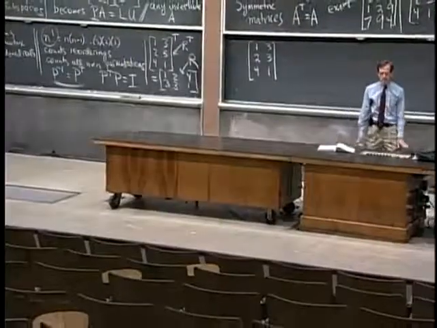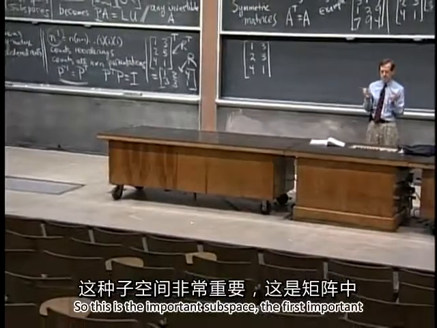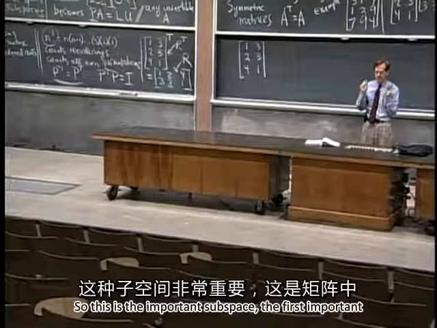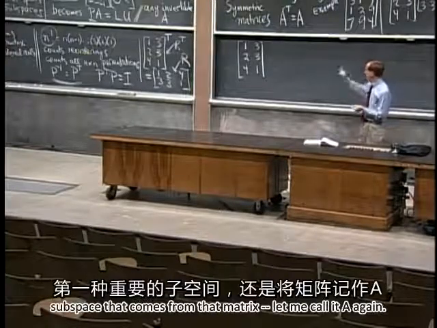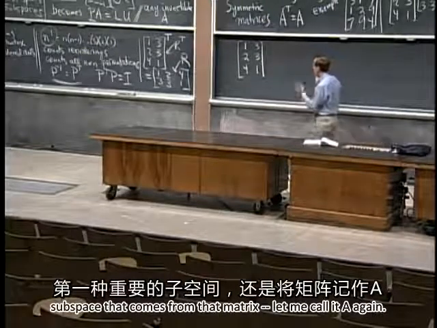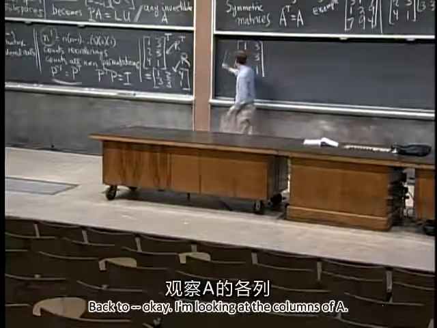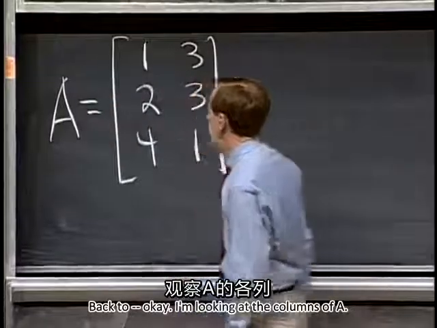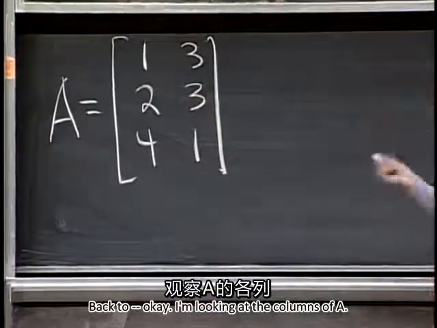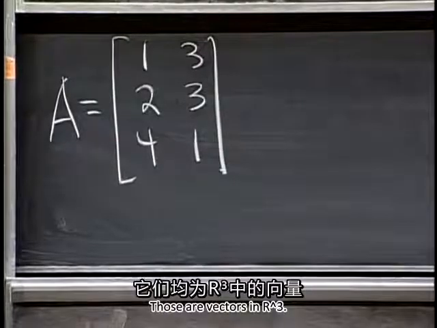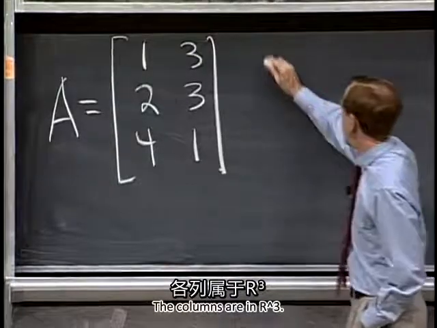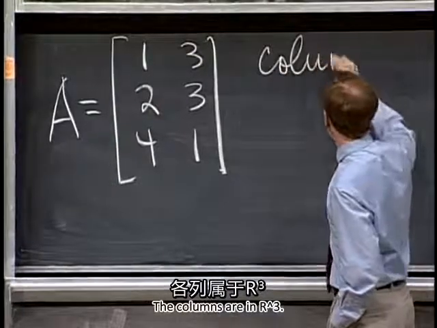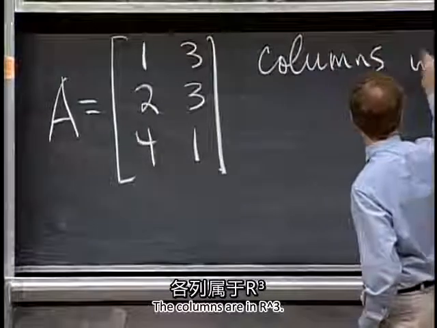Okay. So this is the important subspace, the first important subspace that comes from that matrix. Let me call it A again. I'm looking at the columns of A. Those are vectors in R3. So the columns are in R3.